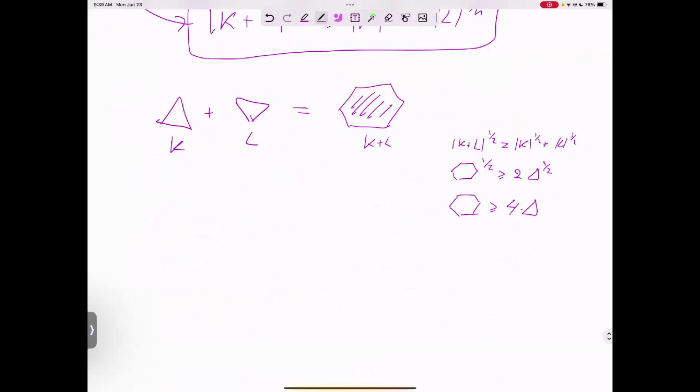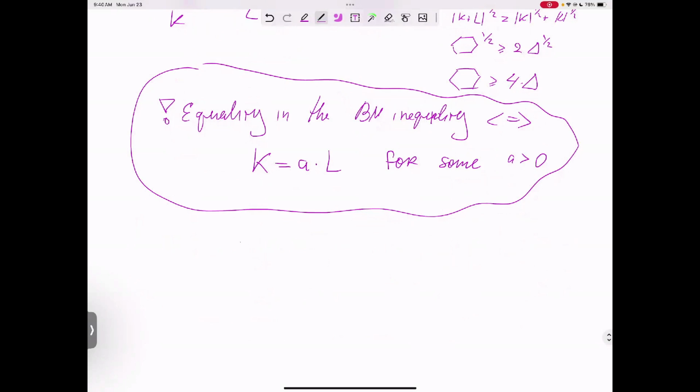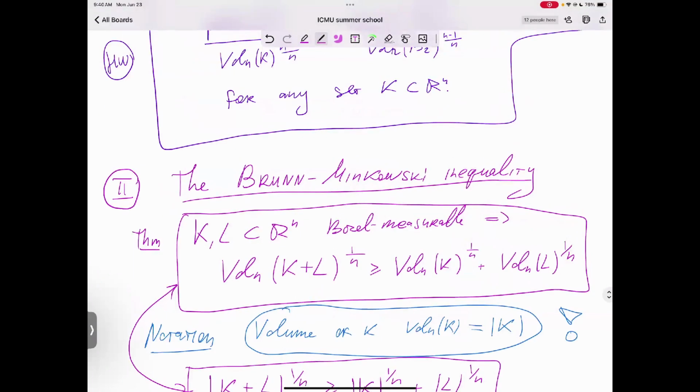Thank you so much. So here is the comment, indeed, that equality in the Brunn-Minkowski inequality happens if and only if K and L are dilates, if K is a dilate of L for some number A. So if K and L are the same, but dilates, that is when you get equality.